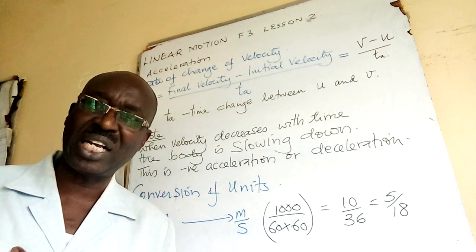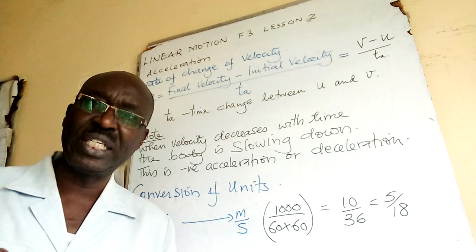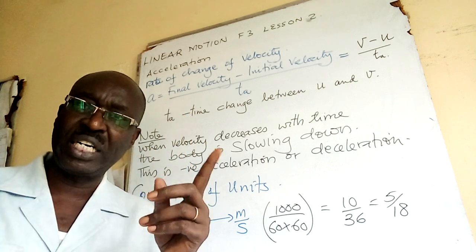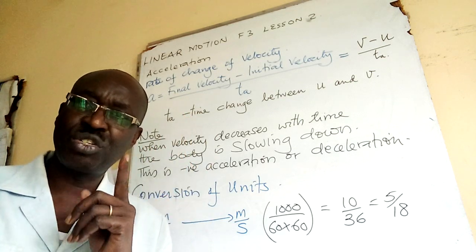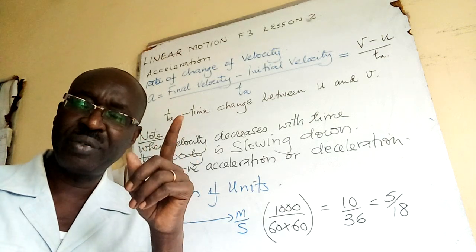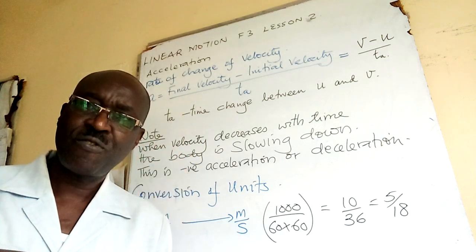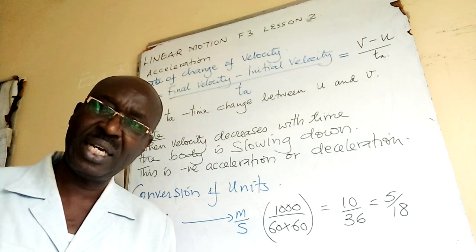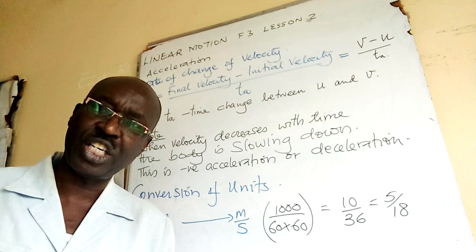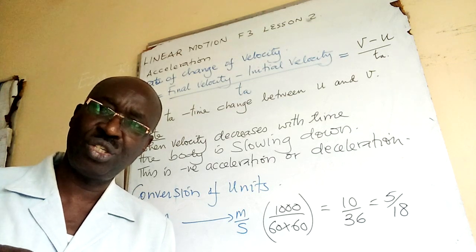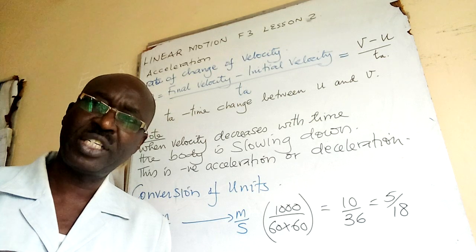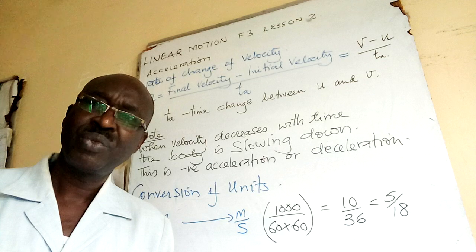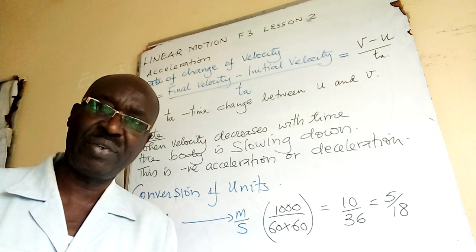So if I ask you to calculate acceleration, you will say V minus U over TA. Then you substitute 60 minus 40 divided by 10. 60 minus 40 is what we call velocity change, in 10 seconds. So when I divide by time, I get what we call acceleration.